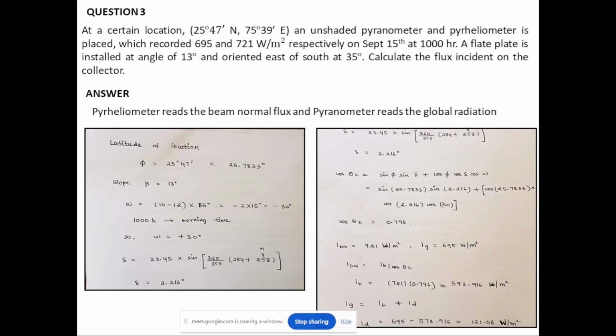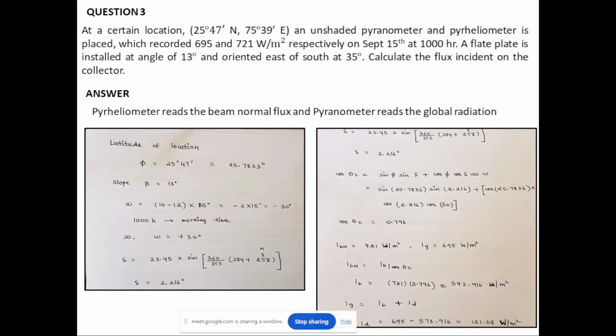Your pyrheliometer reads the beam normal flux, IBN, the sunlight that falls onto the beam normal, and your pyranometer reads the global radiation, that is both the beam as well as the diffuse radiation coming from the sun rays through the atmosphere. So this is the concept here.